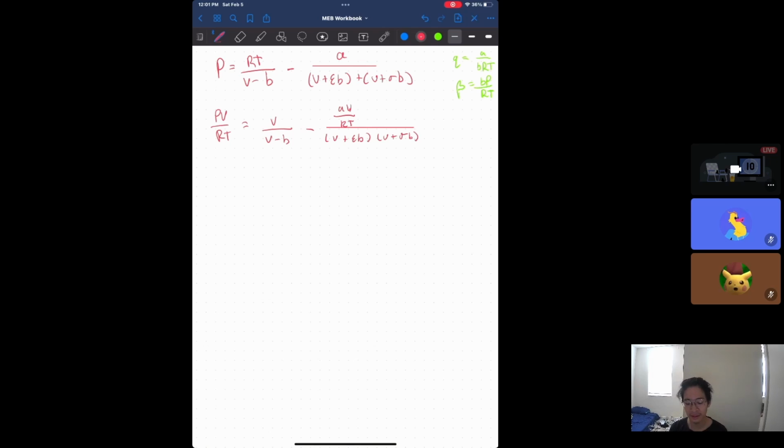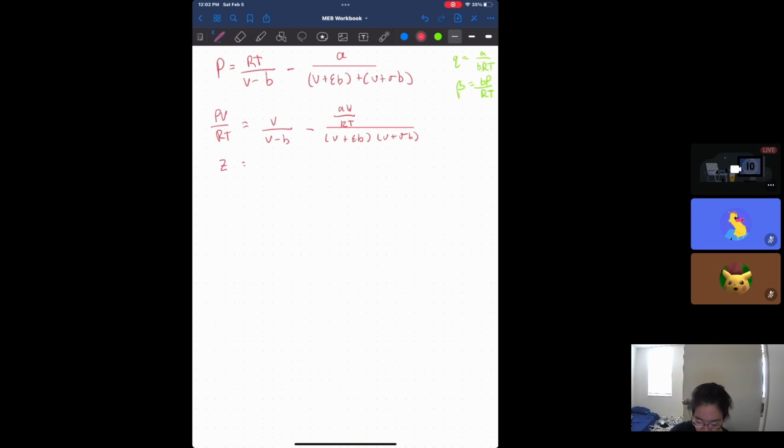Now, what's the next step we want to do? Well, we see a lot of v's in this expression. How are we going to deal with that? We can deal with that by still following the rules of algebra, dividing both the numerator and the denominator by v. That's equivalent to multiplying each term by 1, so we're allowed to do that. We can now call the left-hand side of the equation z.